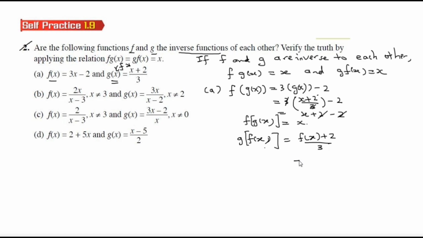So what is our f(x)? Our f(x) is 3x minus 2. This is our f(x). Then plus 2 over 3. So cancel out negative 2 and 2. Remain 3x over 3. 3 over 3 is 1. 1x.